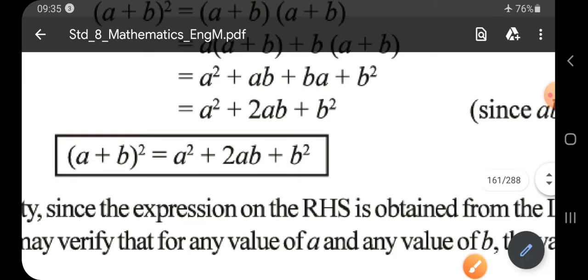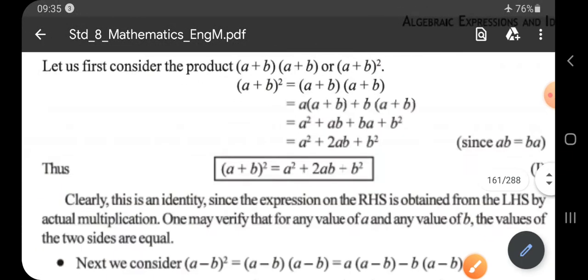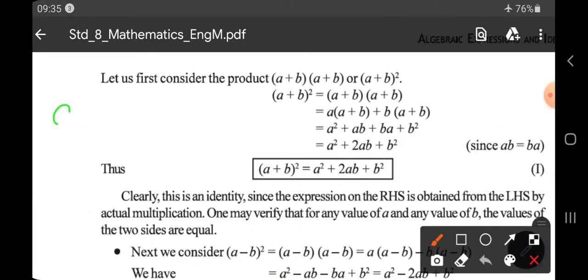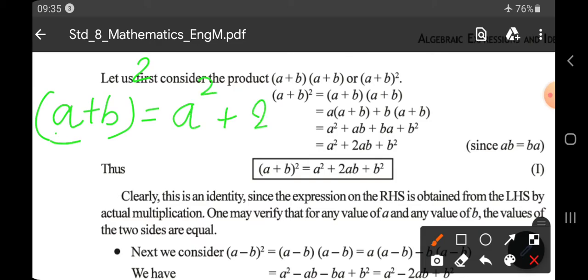Let me repeat once again. (a plus b) whole raised to square. What is the expansion? First term square, a square, plus 2 multiplied by first term into last term, 2ab, plus last term square, b square.